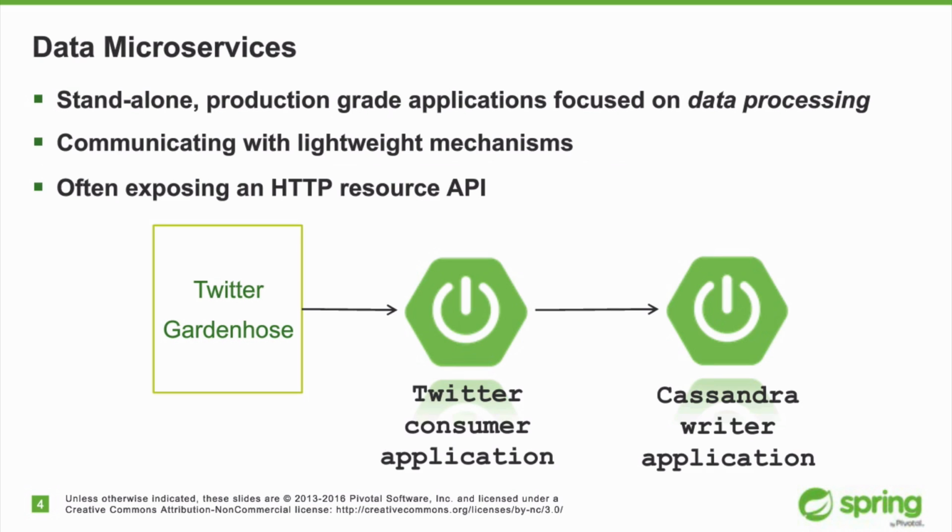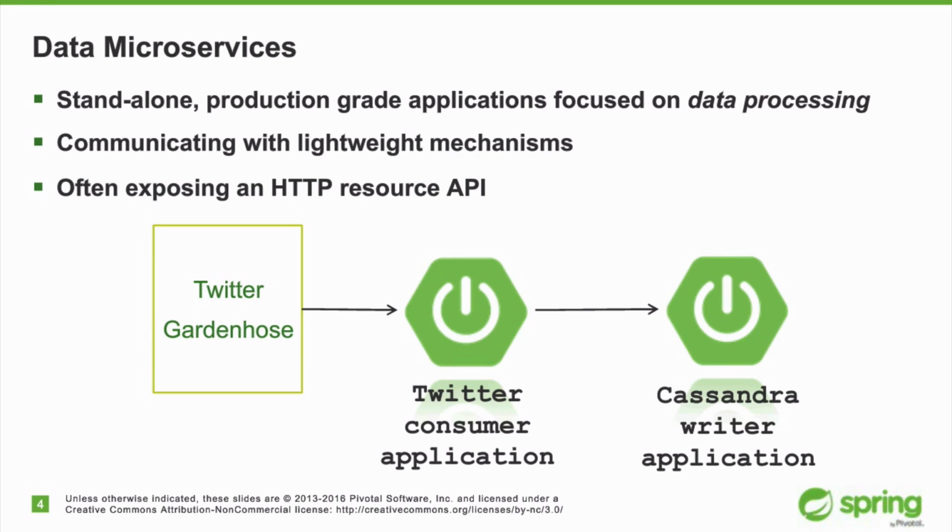So really the key point about building a microservice-based solution is that you are not building a single monolithic application to process data. So we're talking about data microservices being those microservices that are focused on processing data.